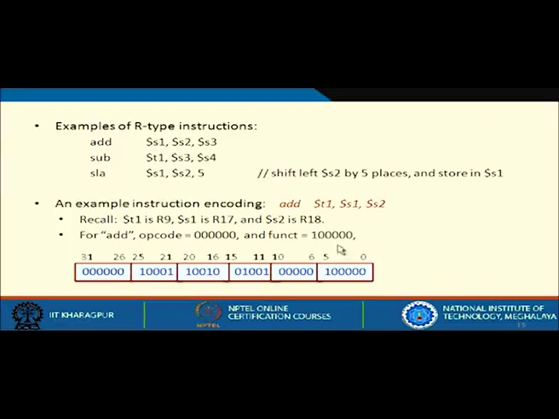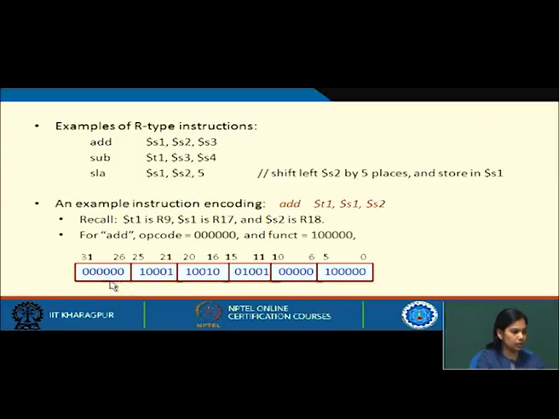So, if you see this encoding, here goes your opcode, that is 000000, and then the function goes here, that is 100000. The first register is T1. What is the code for T1? It is R9, which is the destination register. So, 01001, this is R9. Similarly, S1 and S2 are the two source registers. S1 is R17, this is 10001, and this is R18, which is 10010.